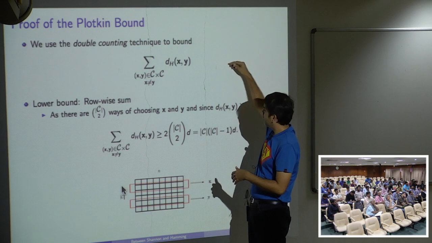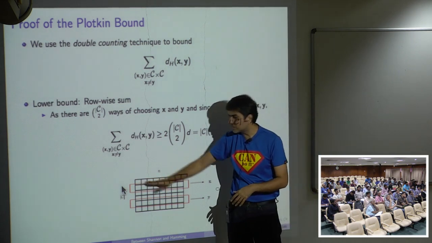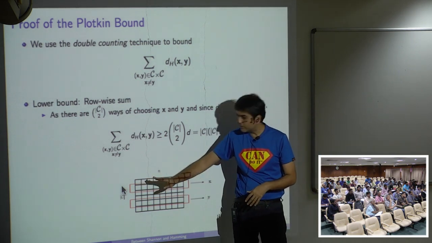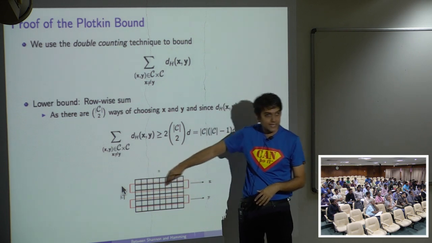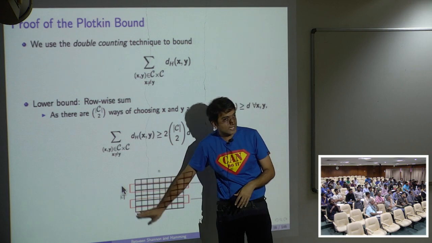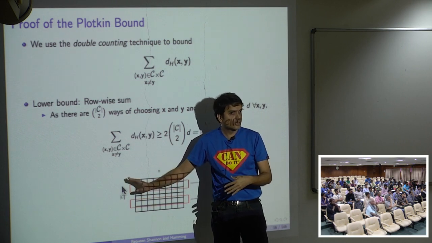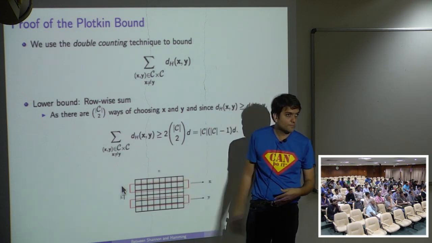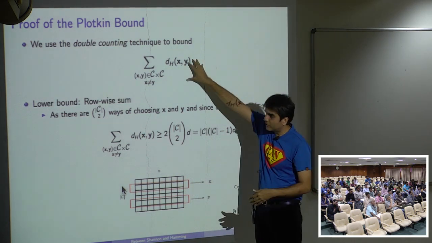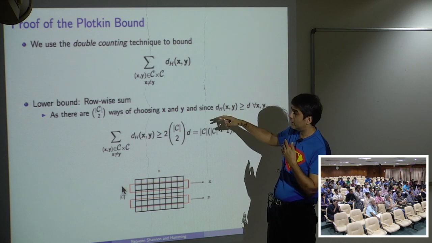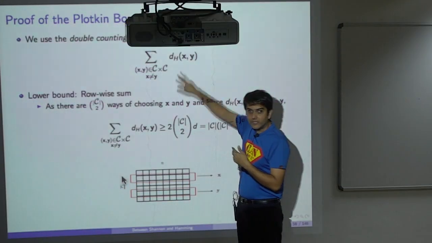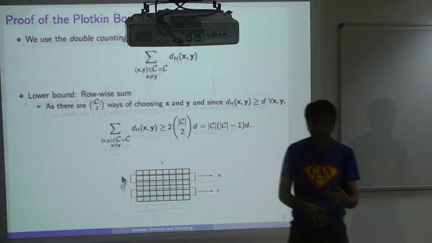We basically write all the code words as rows of a matrix. This is the first code word, this is the second code word, and so on. Therefore this matrix has n columns. It has C rows, where C is, let's say, the size of the code. Now for this summation, every pair of code words differs in at least d_min locations.